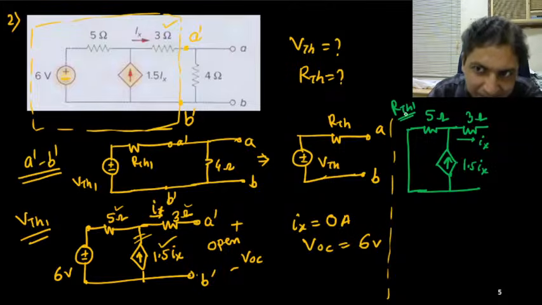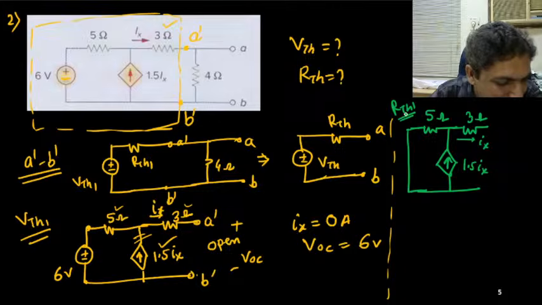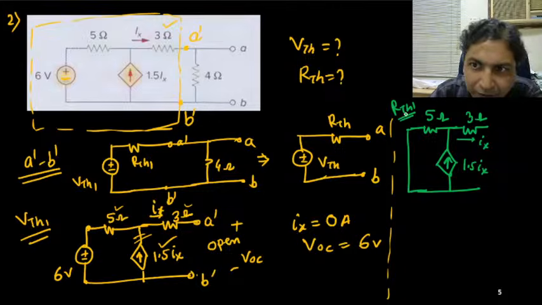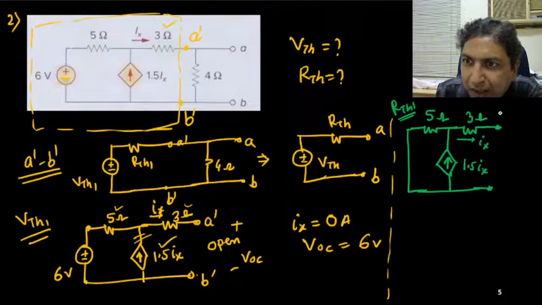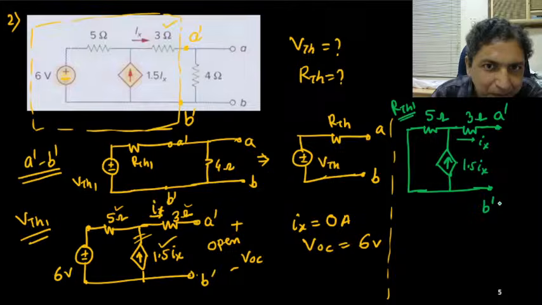What is the Thevenin resistance? Okay. So can you find RTH1? To find RTH1 between this node, that is your A prime and B prime, this is the target now.